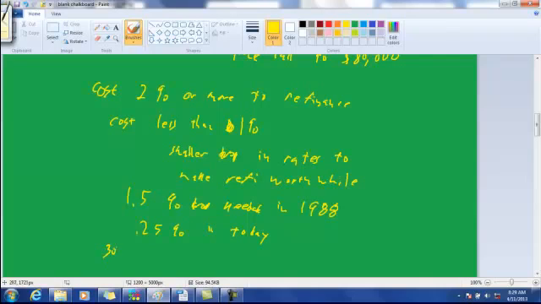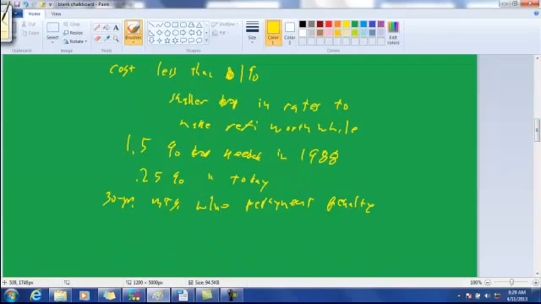Because the 30-year mortgage has no prepayment penalty and no recourse, meaning that the only thing the lender can go after if you don't pay off your loan is the house. They can't go after your income or your savings. So with no prepayment penalty and no recourse, the options are present.